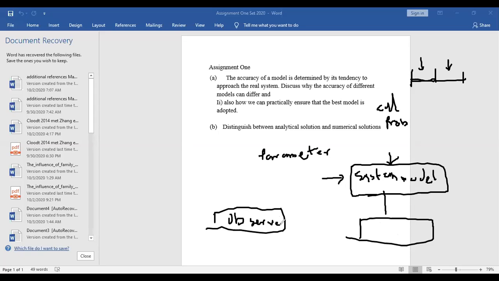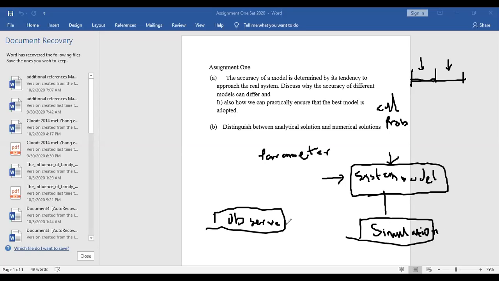If we are simulating the number of cars that will arrive at a traffic light, then we need to go and observe the number of cars that arrive at that traffic light within that time period, and compare with our simulation output. And that process is what we refer to as validation of the data.